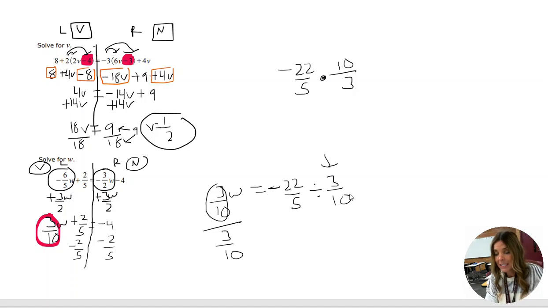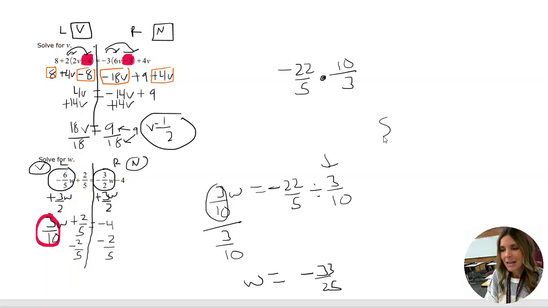Okay, so you have to keep this one as the second fraction. So -22/5 goes in the calculator first, divided by 10/3. And that gives us -33/25. w equals -33/25. Final answer.